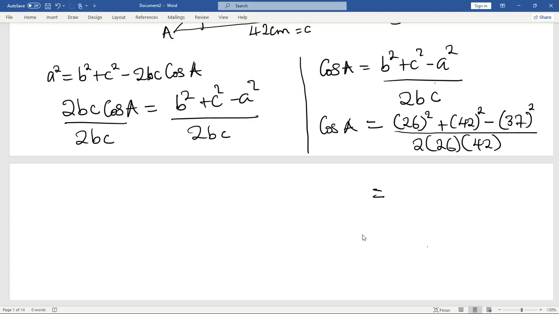So on top here, we're getting 1071 divided by, below here we have 2 times 26 times 42, which gives us 2184. So remember here we have cos A here. So then we can just divide these two numbers.